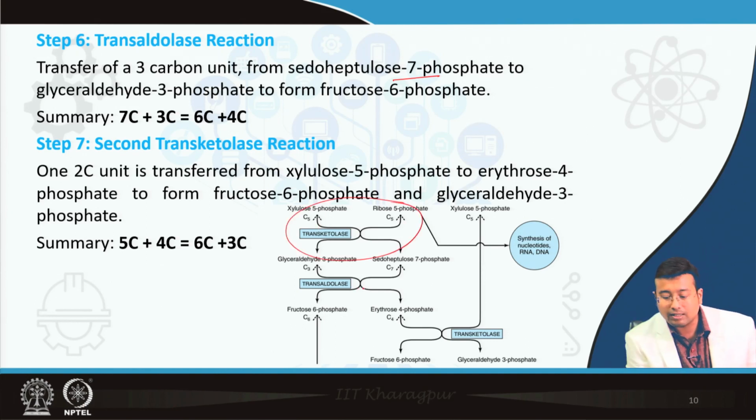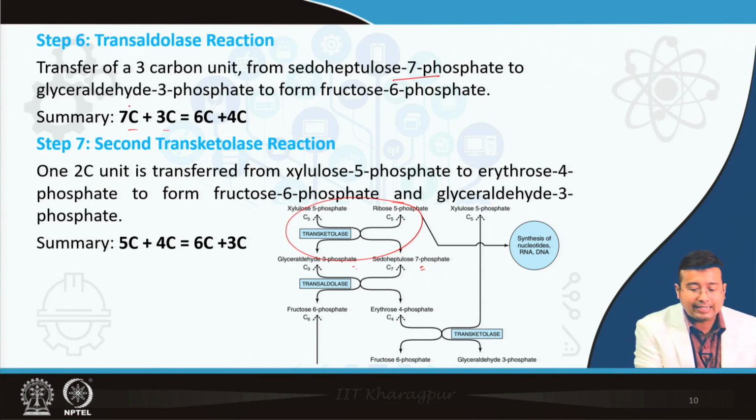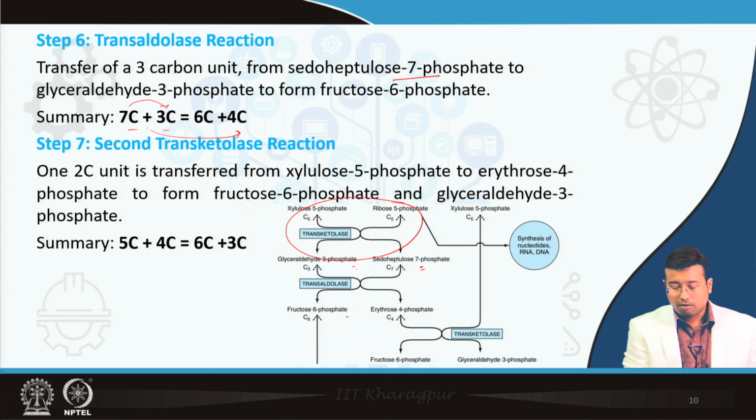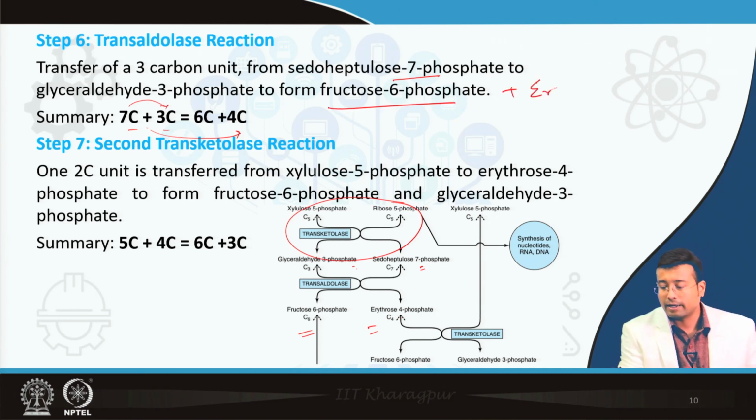Now the transaldolase reaction, a 3 carbon unit is getting shifted from sedoheptulose to glyceraldehyde. So, now 7 plus 3 becomes 4 plus 6. So, 3 from here is getting added to this 3, it becomes 6, and 3 is removed from 7, it becomes 4. So, what are the resultant compounds? They are fructose 6-phosphate and erythrose 4-phosphate. So, this is fructose 6-phosphate and erythrose 4-phosphate.